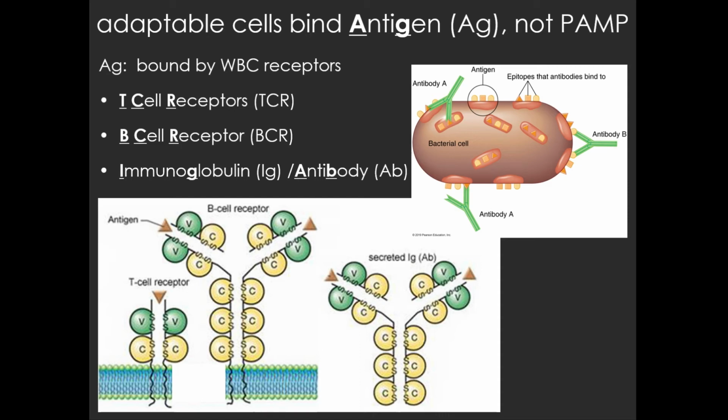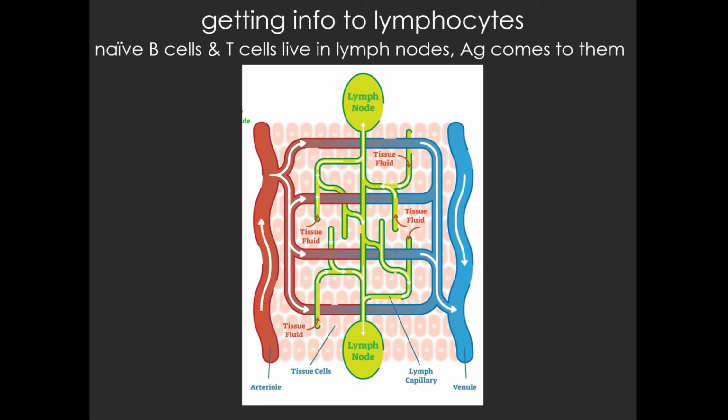It's actually the activated T cell itself that goes out into the tissue space to fight infection. So today we're going to talk more about those T cell receptors, because you're going to find out that there's actually more than one kind of T cell and more than one kind of receptor. But before we do that, we're just going to reiterate that idea, right, that the information comes into the immune system via the lymphatic system, which is intimately accessing tissue space, right?